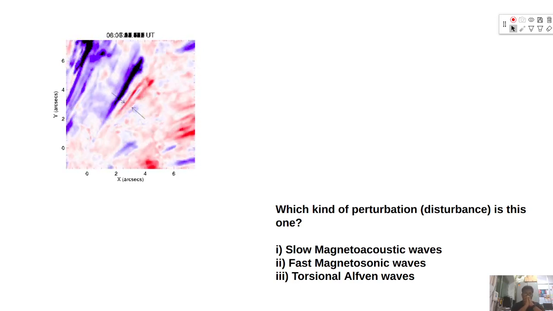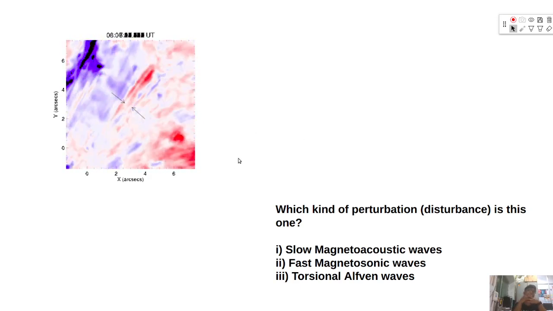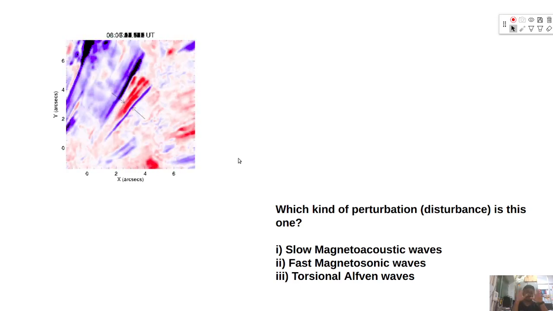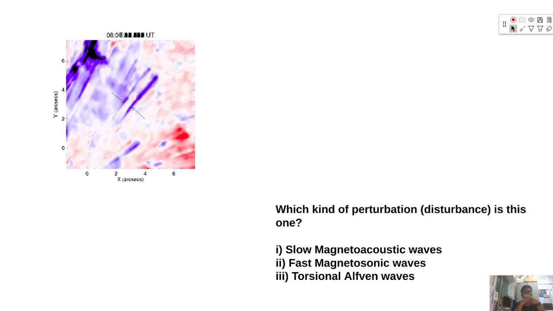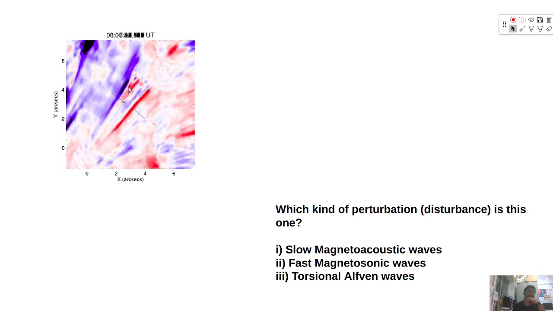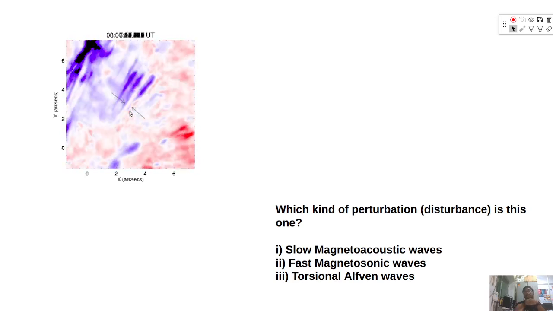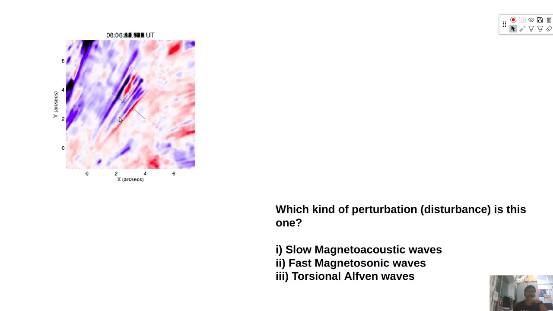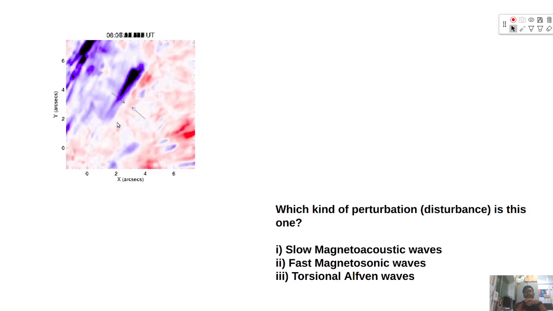Now these are some particular regions in the solar atmosphere, let's say on disk, and you can see that there is some blue shifting followed by red shifting. You can find a bundle of field lines here, and it is changing from blue to red, right? One particular line in this case is going from red to blue and then blue to red, repeatedly.